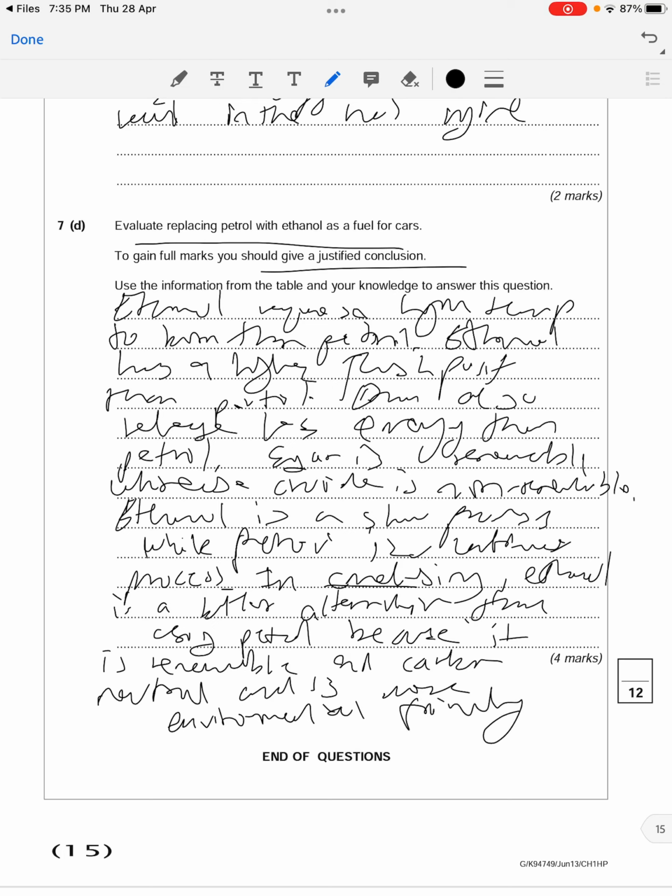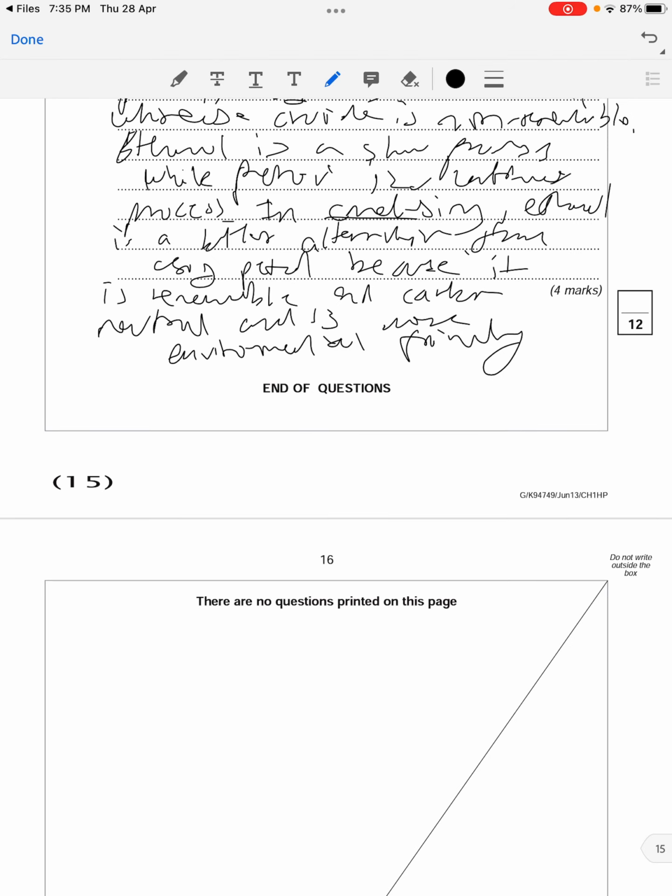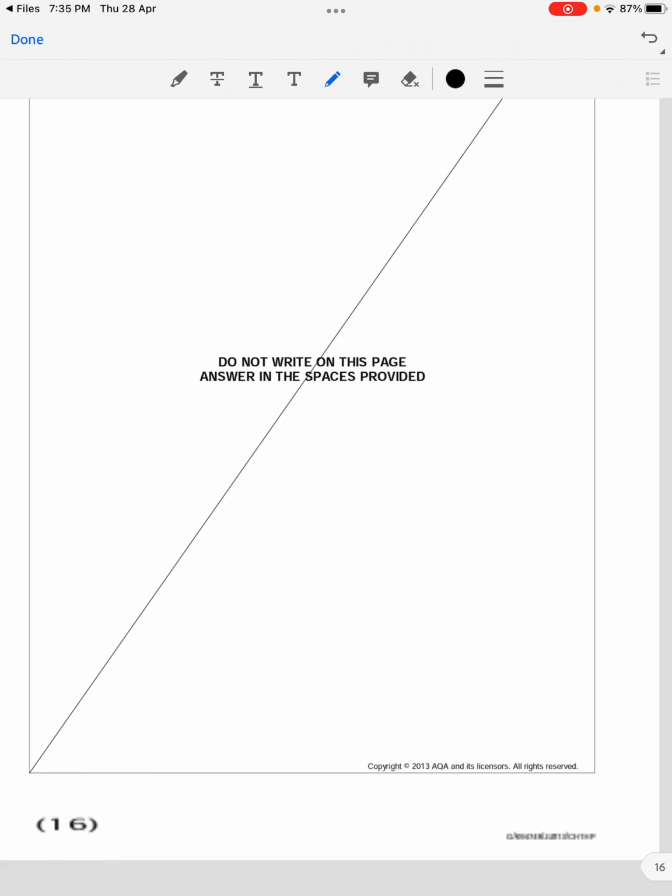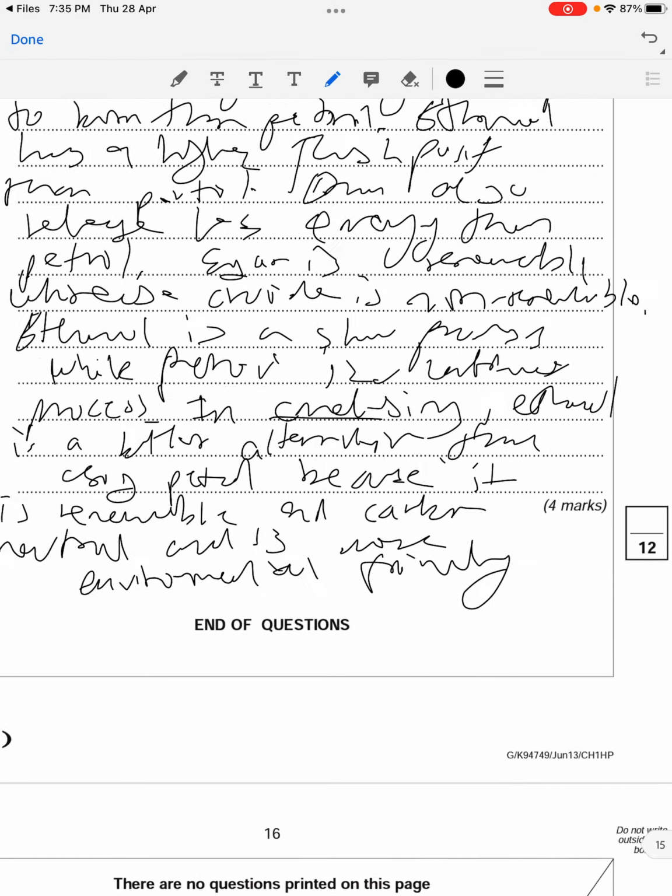Because it's carbon neutral and renewable, it doesn't do any damage to the environment. Whatever carbon is being absorbed is being returned through burning or combustion of the fuel. So it's more renewable and more environmentally friendly. So that's the conclusion.